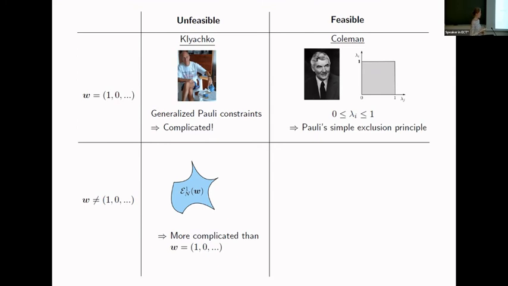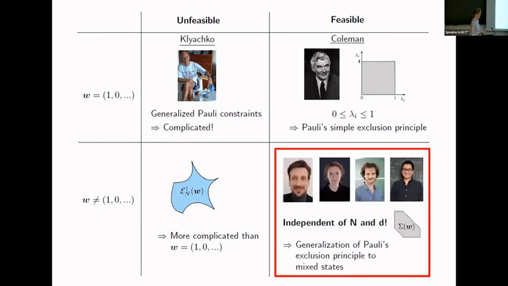This has the big advantage that it always takes the same form, independent of the particle number and the dimension of the one-particle Hilbert space, in striking contrast to Klyachko's generalized Pauli constraints, which depend very strongly on N and D. And now what we did here in collaboration with Jean-Philippe and Federico, whom you met on Monday, is we actually solved the relaxed problem for mixed states.